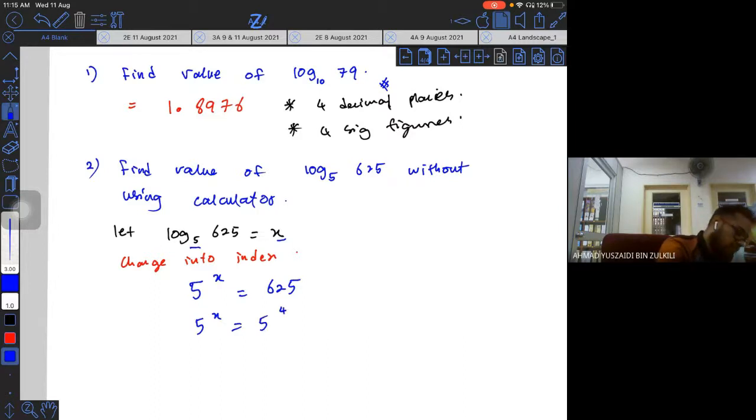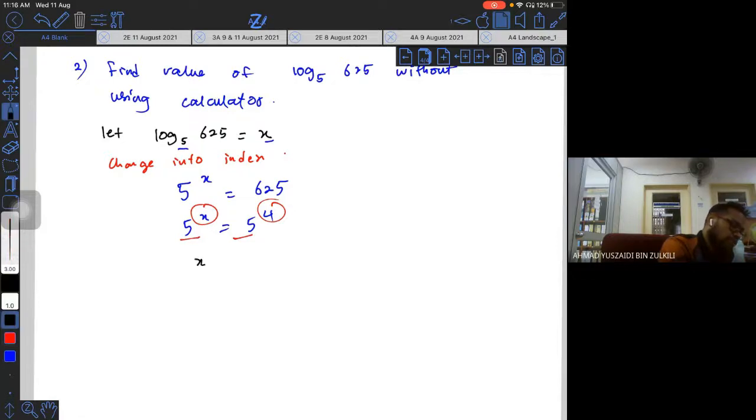Sorry, 5 to the power of 4 ke 5? 4, right? Yes, 4. So from here, same base, so ini pun akan sama. So x is equal to 4.